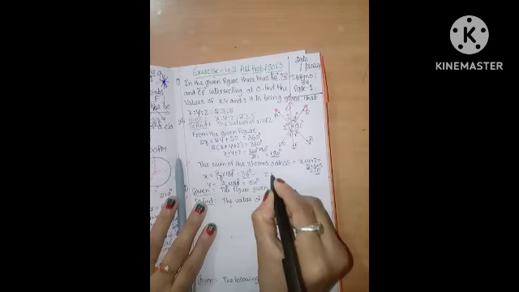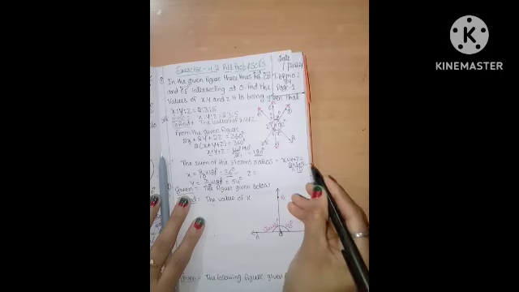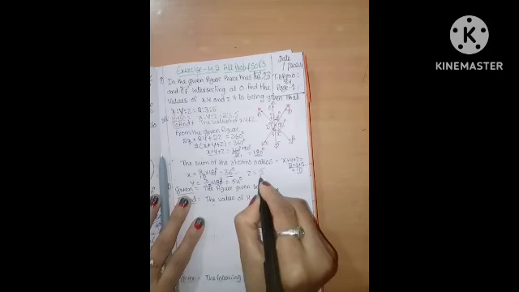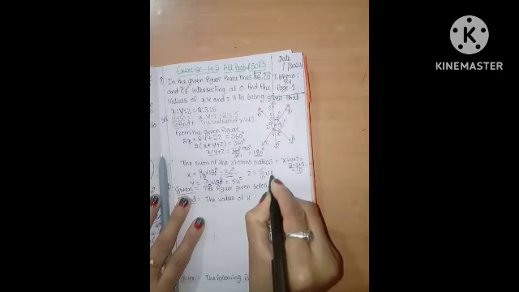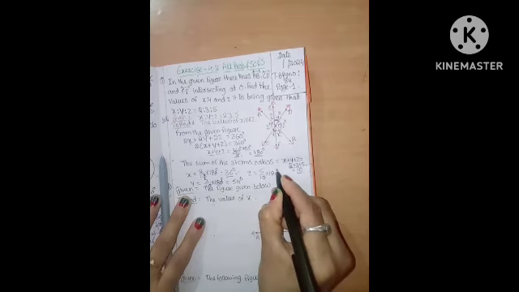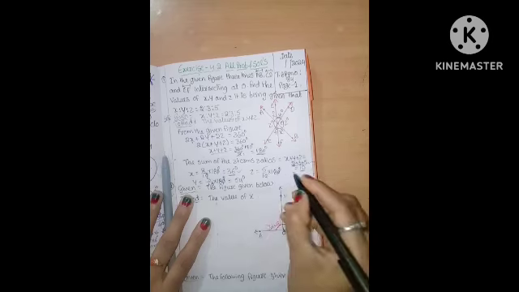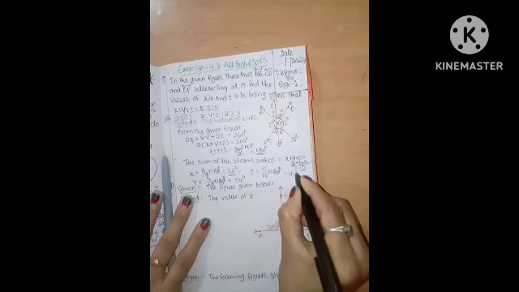Next, the z angle. z has 5 parts. 5 by total parts 10 into 180 degrees. Simplify this fraction. How much do we get? 18 times 5 is 90 degrees.